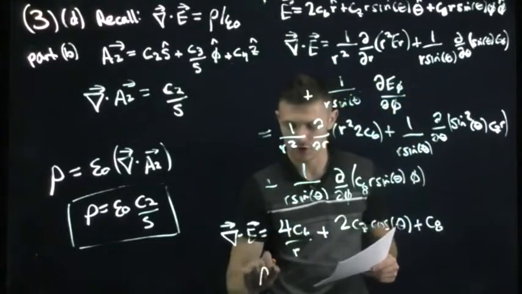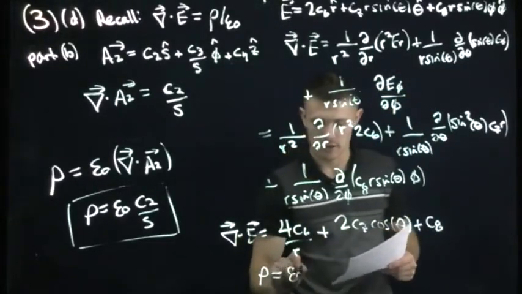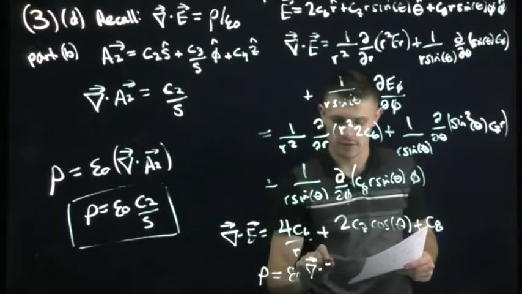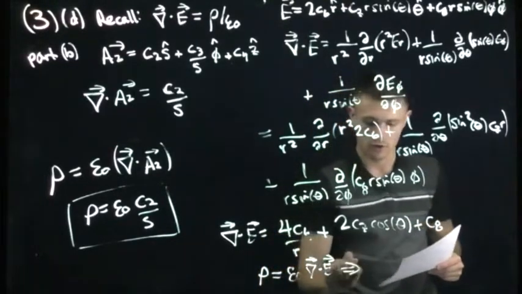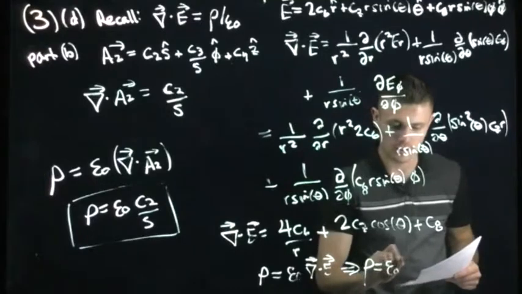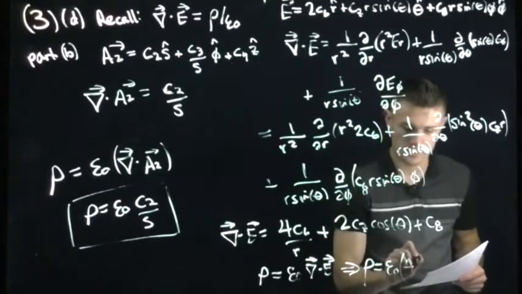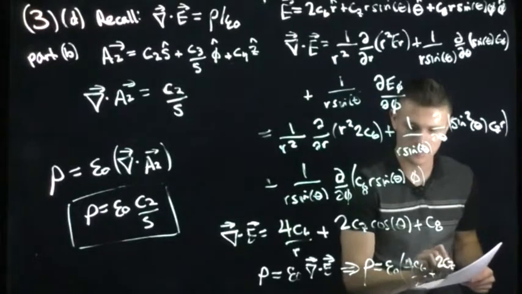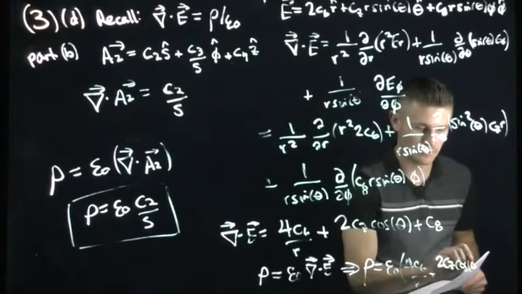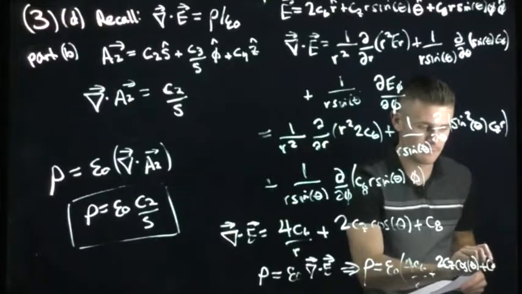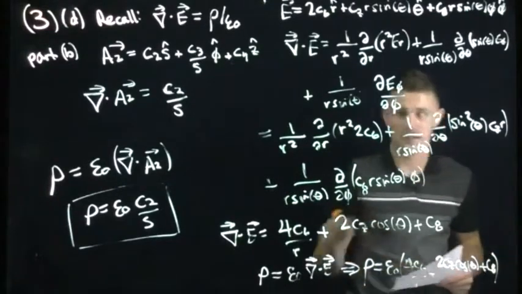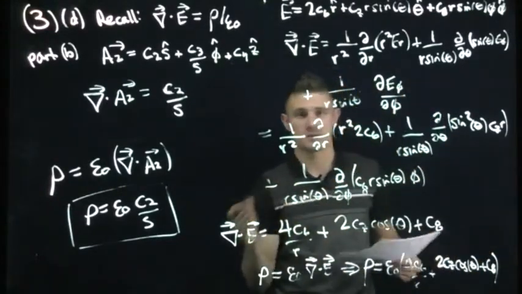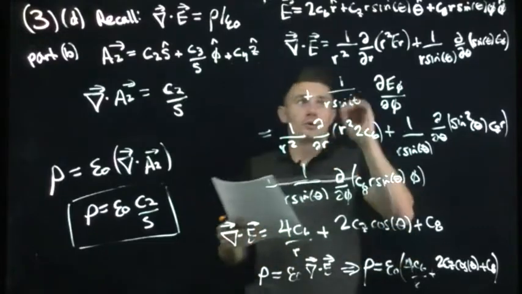So then our charge density rho is epsilon naught times the divergence of E, and we find that rho is equal to epsilon naught times all of this, 4C6 over r plus 2C7 cosine of theta plus C8.